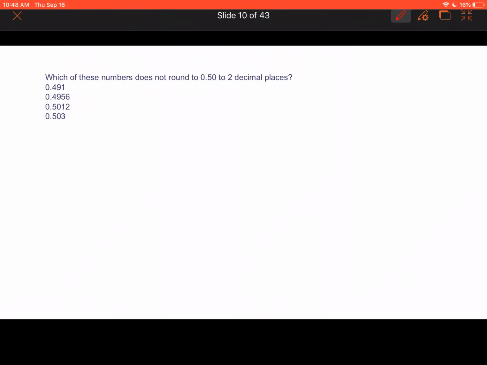Okay, which of these numbers does not round to 0.50 to two decimal places? This is the same problem as the previous one, but with decimal values. Two decimal places: the first decimal place after the decimal is 4, the second one is 9.